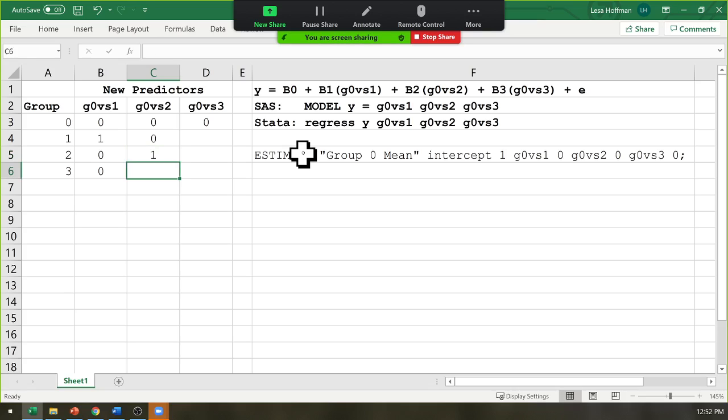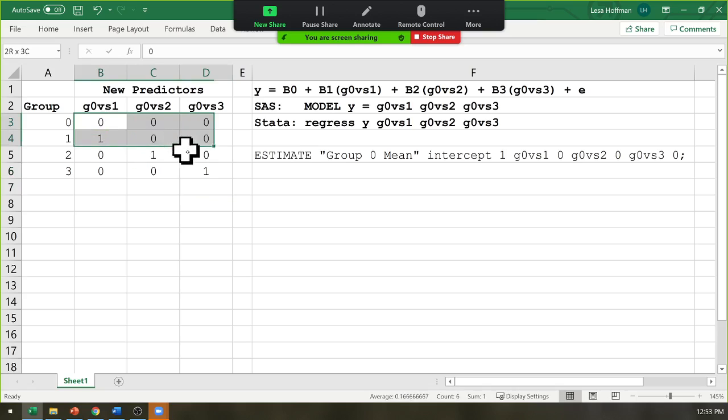What goes here for group 3? 0. Last one. If I want this column to give me the difference between group 0 and group 3, what goes here on the line for group 1? 0. What goes here for group 2? 0. That must mean we pick up the 1 on the last one.